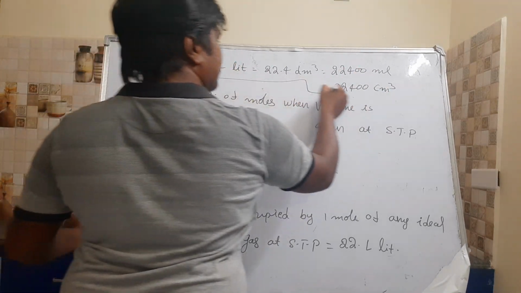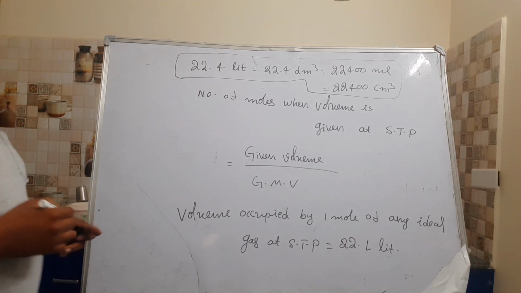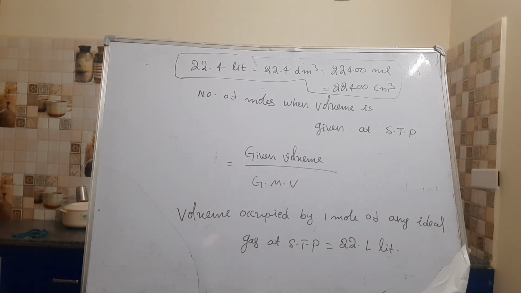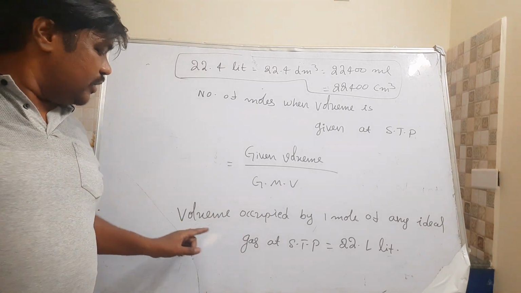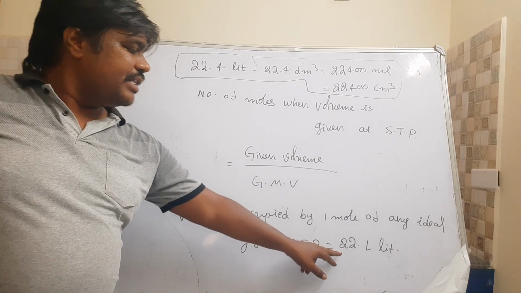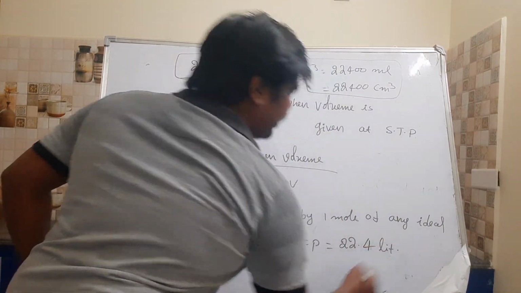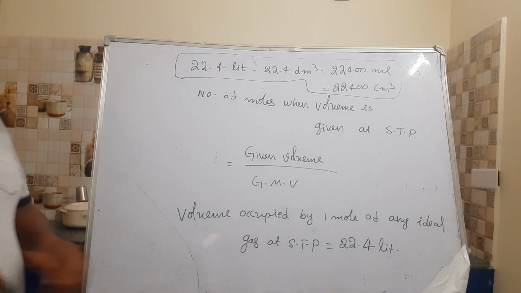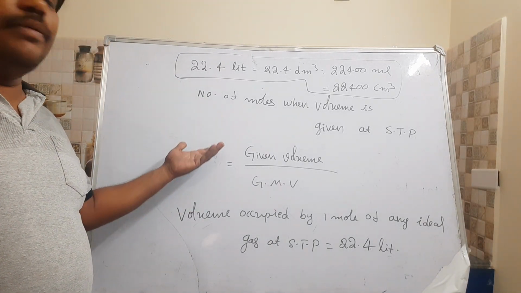You have to memorize these conversion values, otherwise to understand the problem. First of all, what is gram molar volume, students? Volume occupied by 1 mole of any ideal gas at STP is equal to 22.4 liters. So how to find the number of moles of any given volume of the gas?